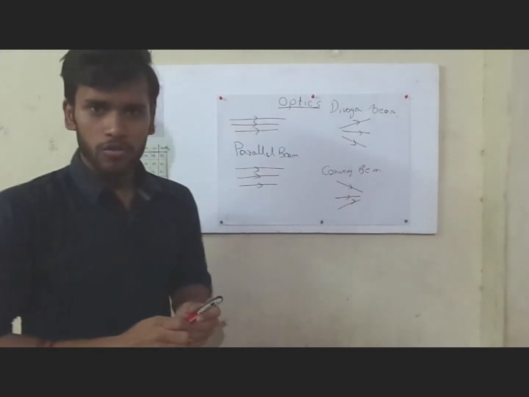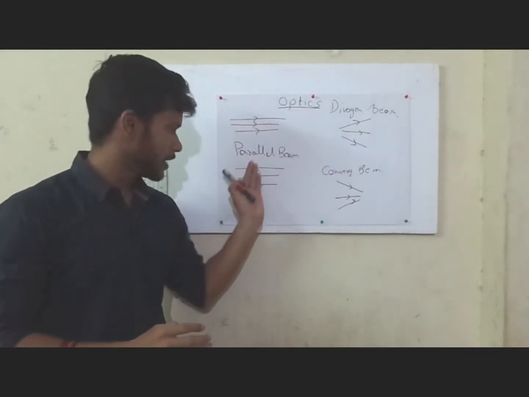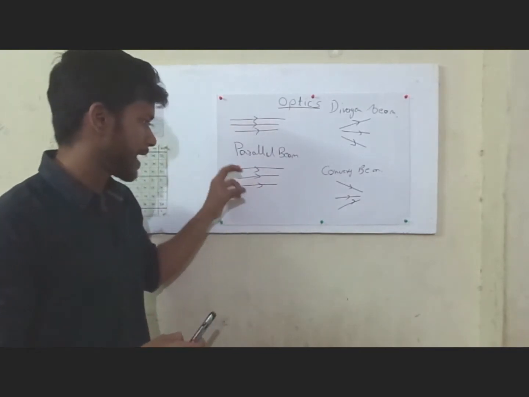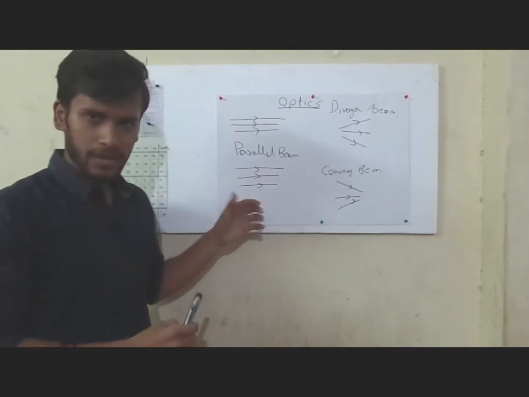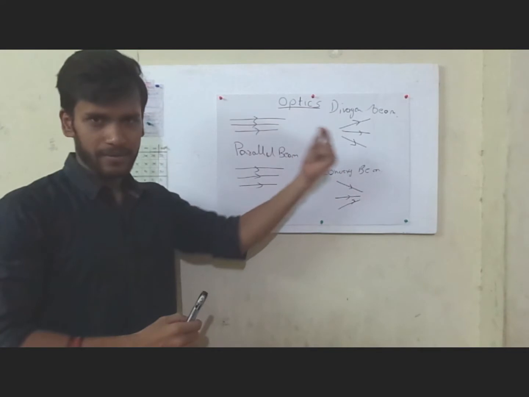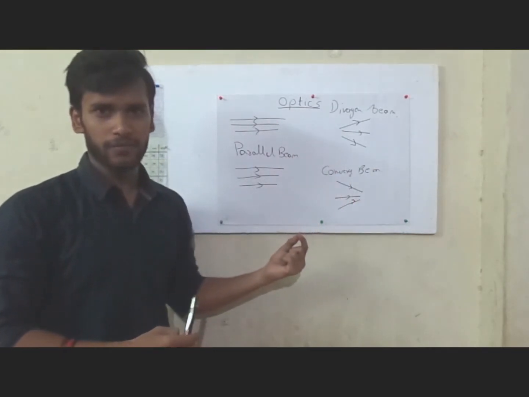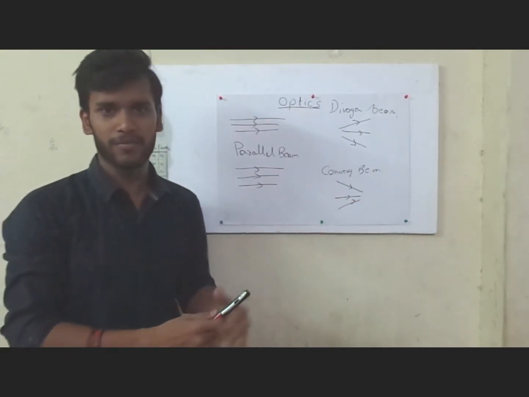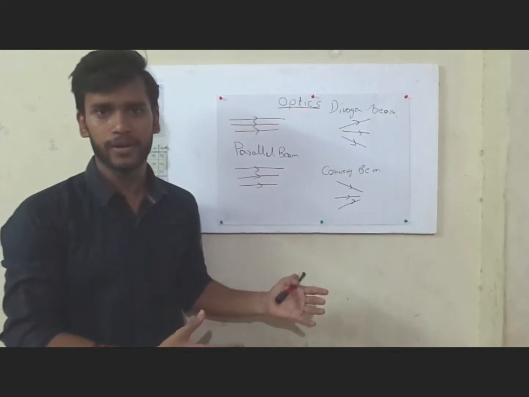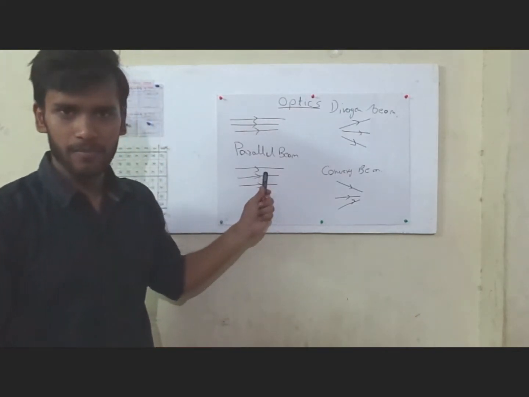When the rays of light are going parallel to each other, all the rays, then it's called a parallel beam of light. It is assumed that all these rays of light will meet at infinity but not at any finite distance. Actually they are not going to meet, but we simply assume that they are going to meet at infinity, okay? So this is a parallel beam of light.